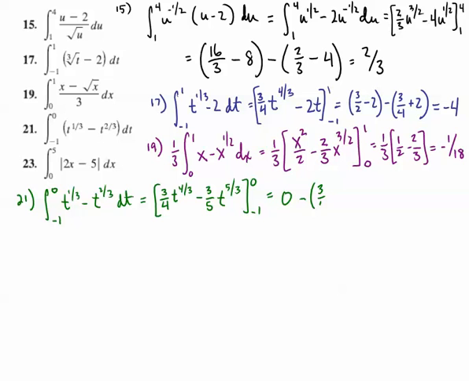So we have 3/4 there, and then minus, and negative 1 to the 5/3 is going to stay negative 1, so 3/5 times negative 1 is going to give us negative 3/4 plus 3/5.